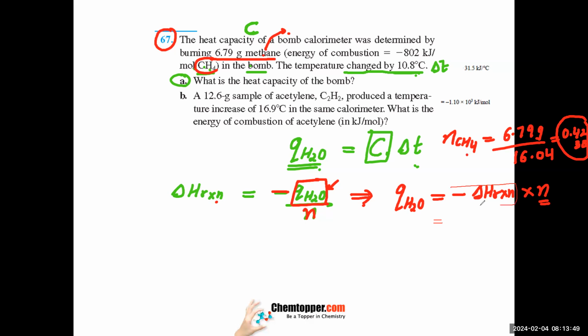Minus delta H reaction. Delta H reaction is this. It's also minus, and there is a minus. So take this minus here, then take this minus also, because water is going to gain. Reaction is exothermic, but it's going to be endothermic for water, multiplied by n, which is 0.4233.